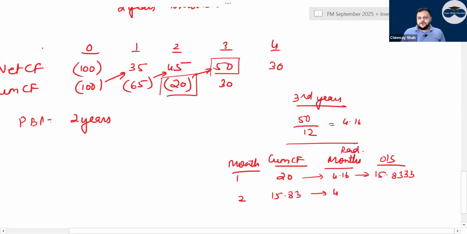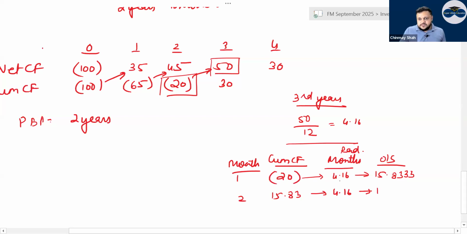Then again you receive 4.16, because 50 is equally received in the year, every month. So now 15.83 में से 4.16 received. How much is remaining?